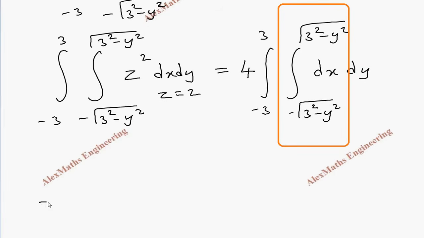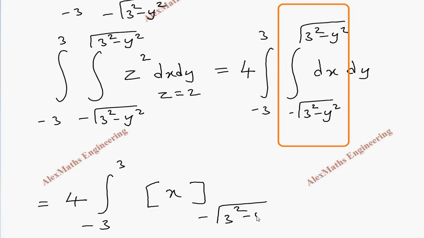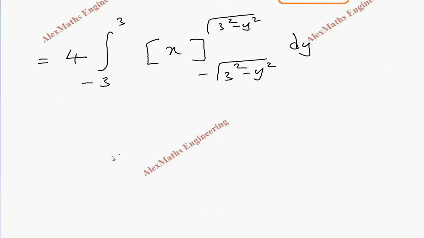So this will become 4 times the integral from minus 3 to 3. Its integration is only x alone, and the limit varies from minus this value to plus this value, into dy. Now coming to the substitution, we get the upper limit, which is root of 3 square minus y square.